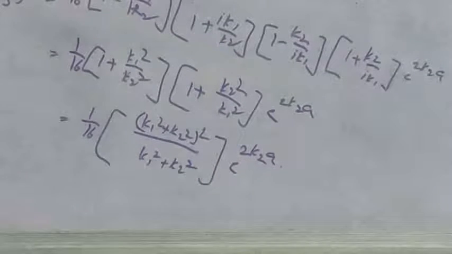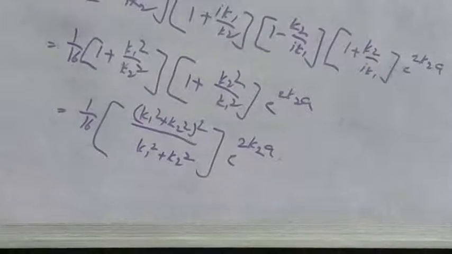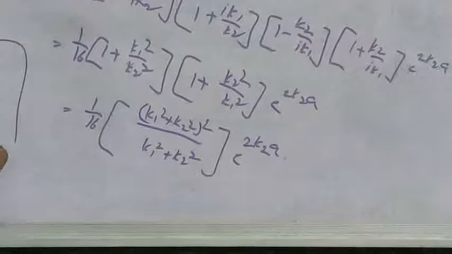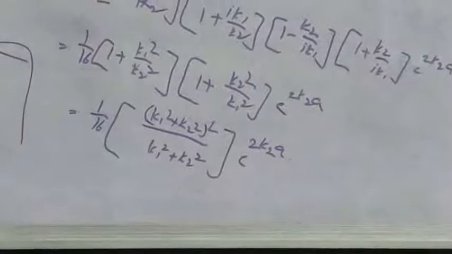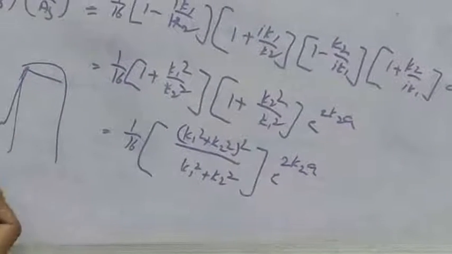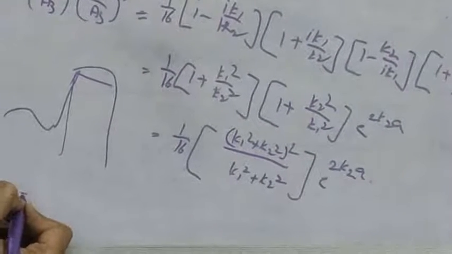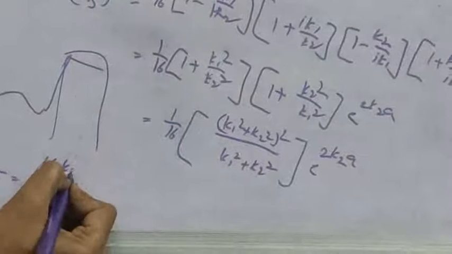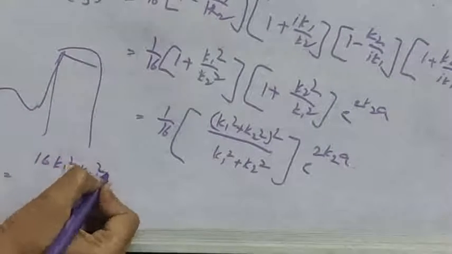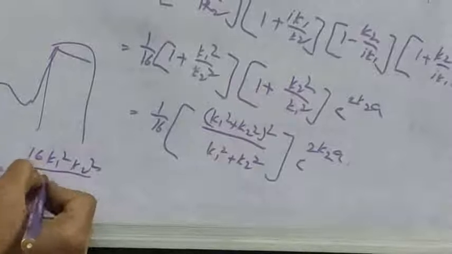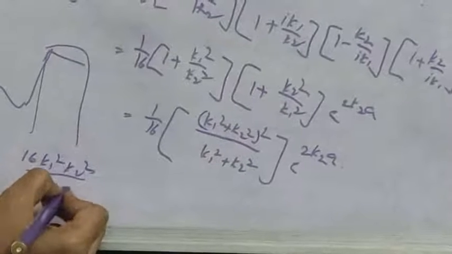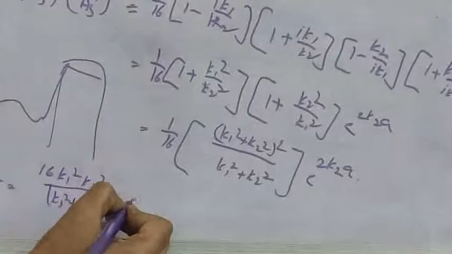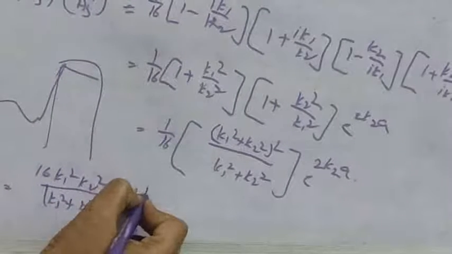Now the transmittivity of the barrier. Here the barrier is nothing but the height. In order to overcome this height, the transmission probability is given by T equal to 16 K1² K2² by (K1² + K2²)² into e^(−2K2a).